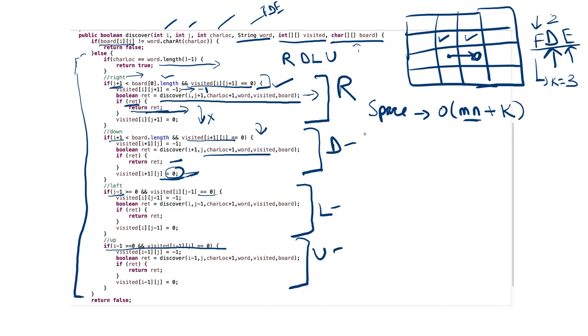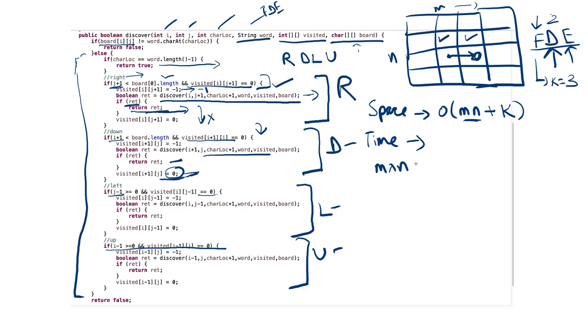And as far as time complexity is concerned, if you look carefully, we have m rows, sorry, m columns, maybe you can say, and n rows. So we have a total of m into n characters in the grid, and for each character in the exists method, we saw that we iterate each character and then start our discovery process.